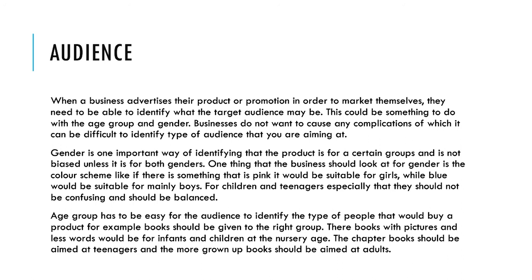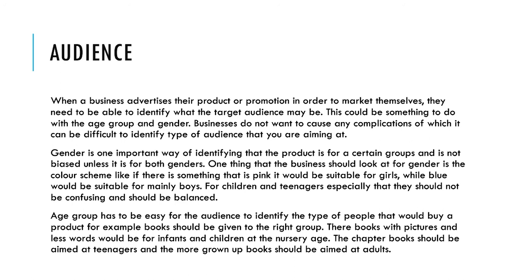Age groups are easy for identifying the target audience. You have a group of people that you want to buy your products. For example, books would give into the right audience. You need to have the group that you're trying to aim that product for.